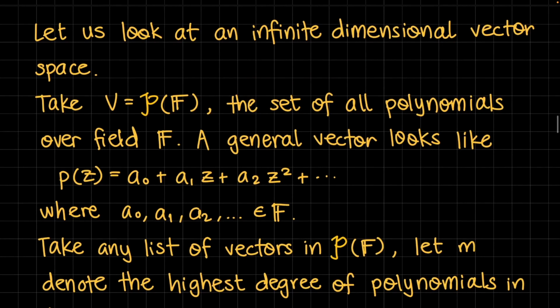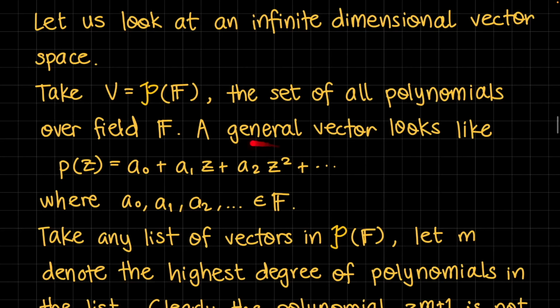It sounds quite romantic, or sensationalized, but the simplest example is if you take V to be P of F, the set of all polynomials over the field F. So that means any general vector or element of P of F looks like small p of z equals a naught plus a1z plus a2z squared plus dot dot dot. So there's no end to how many powers of z you can have. In theory you can have infinite powers.